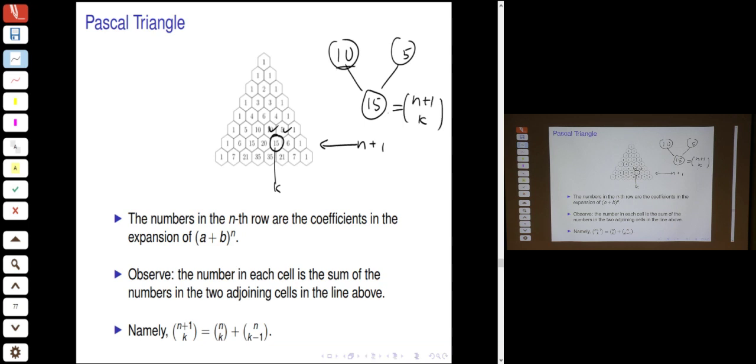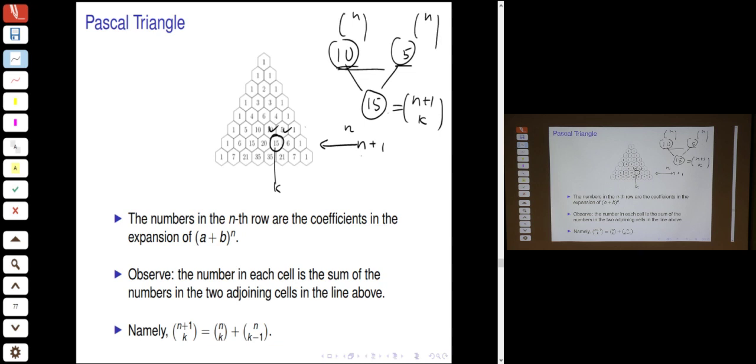Now who are these two? If 15 is on the n plus 1 row, these are on the nth row, so they are n choose something.